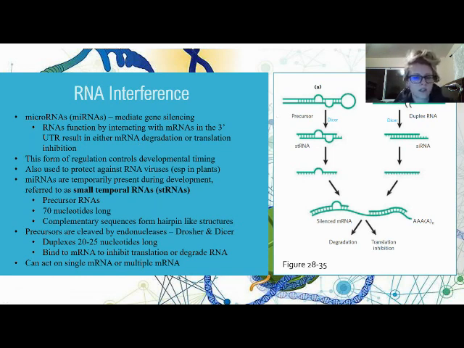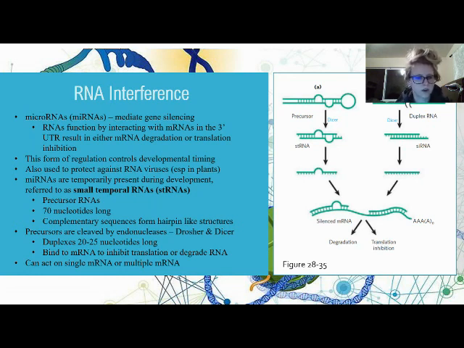This forms a regulation control in developmental timing, also used to protect against RNA viruses, especially in plants that lack an immune system. MicroRNAs that are temporarily present during development are referred to as small temporal RNAs or stRNAs.